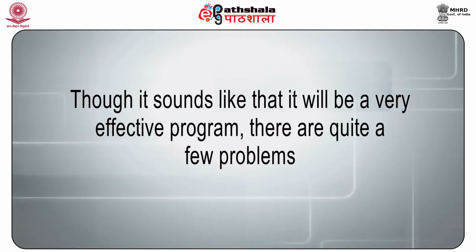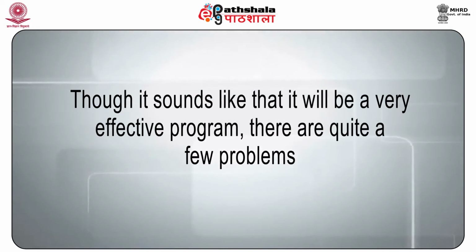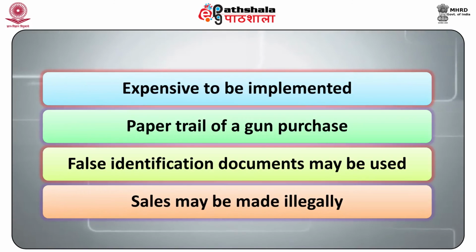Though it sounds like it will be a very effective program, there are quite a few problems. It is very expensive to implement. It is quite often hard to substantiate a paper trail of a gun purchase. False identification documents may be used. Sales may be made illegally.